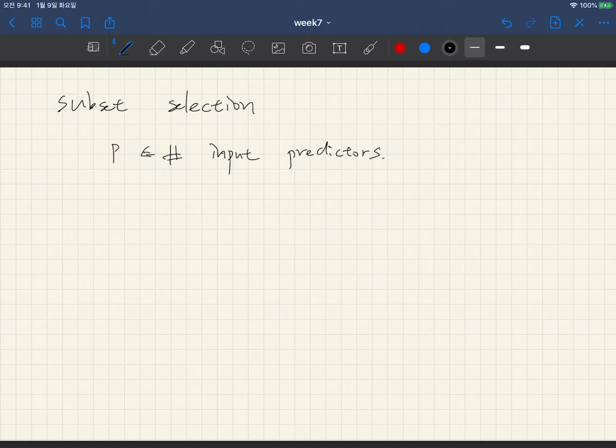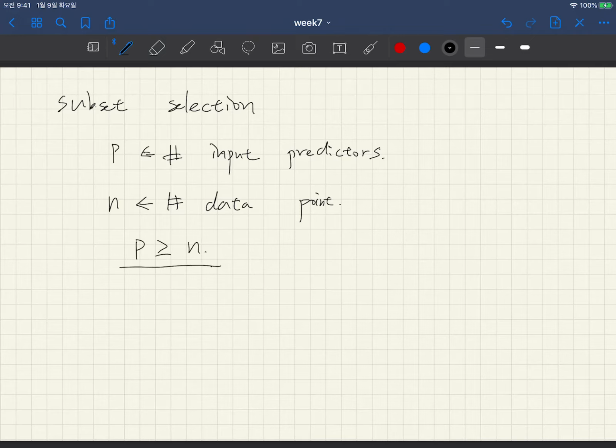So why do we have to choose the subset? Let's consider this case. Let's say n is the number of data points and p is greater than or equal to n.